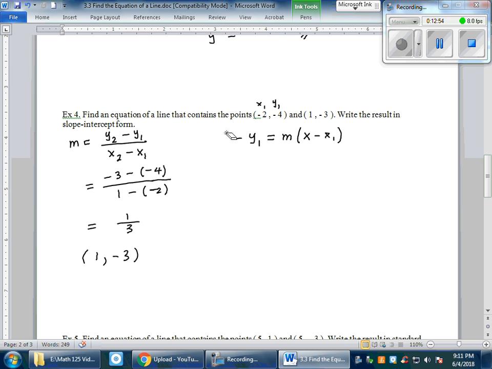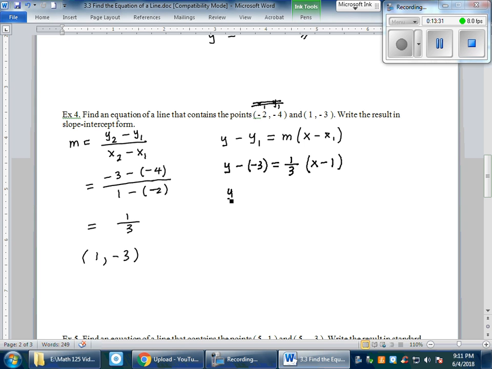That's the formula for point-slope form. Substituting accordingly, y minus -3, which is my y sub 1, equal to the slope 1/3 times x minus x sub 1, which is 1. And remember, not the other point, because we chose the point to be 1, -3. Okay?